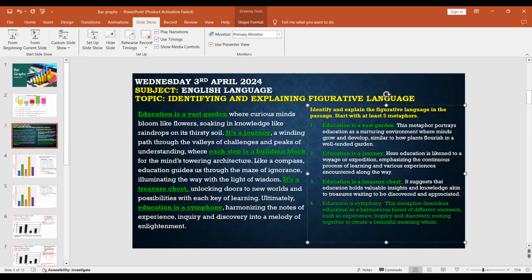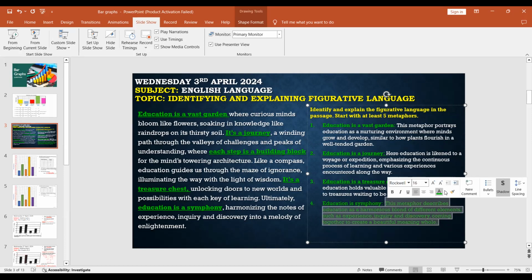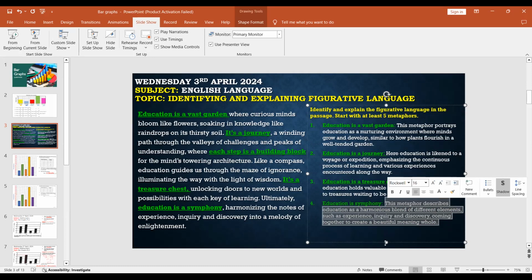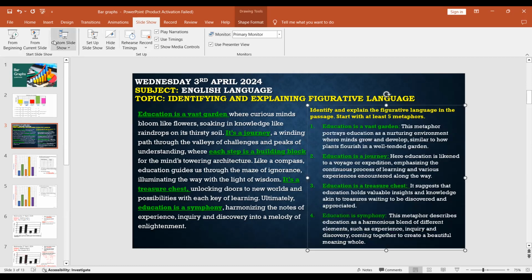All right. So we have all these things coming together to create a beautiful, meaningful whole. And that's what we mean by education as a symphony.